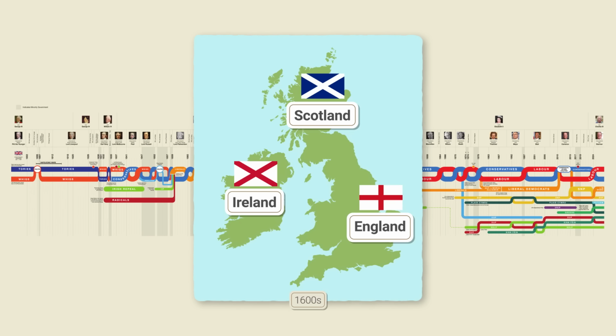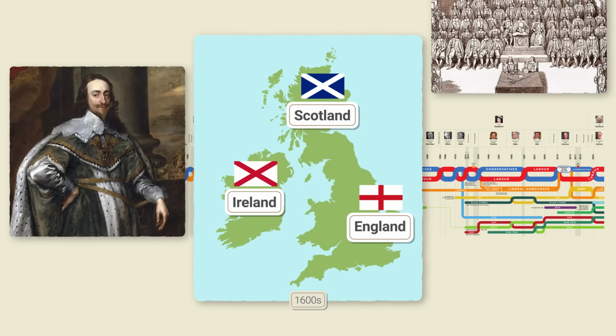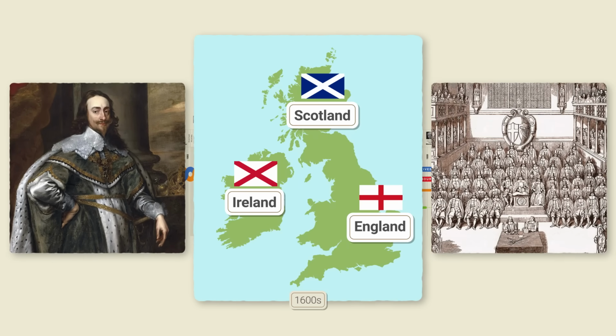In 1642, there was a civil war in England over who should be the ultimate authority, the king or the parliament. Those who supported the king became known as Cavaliers, and those who supported Parliament became known as Roundheads.